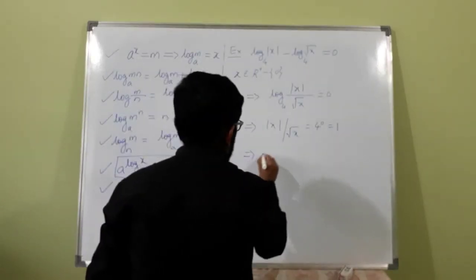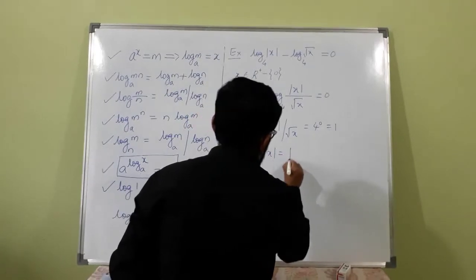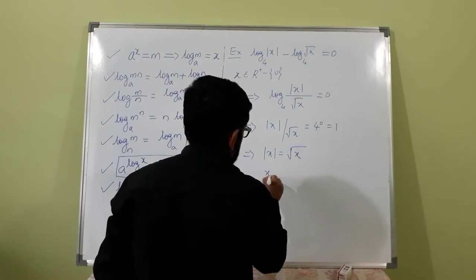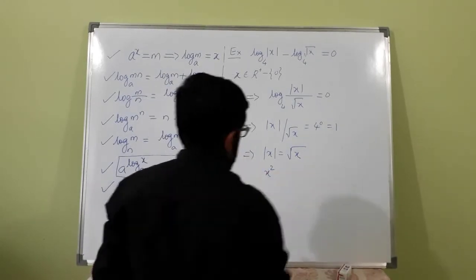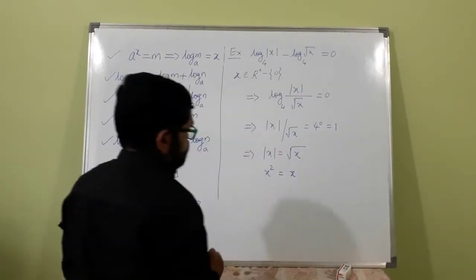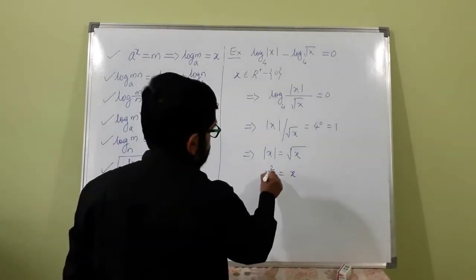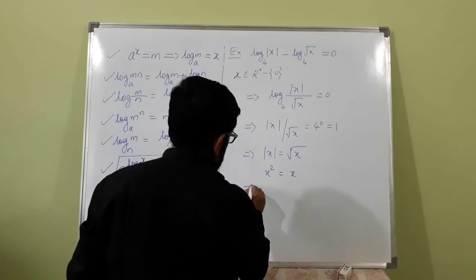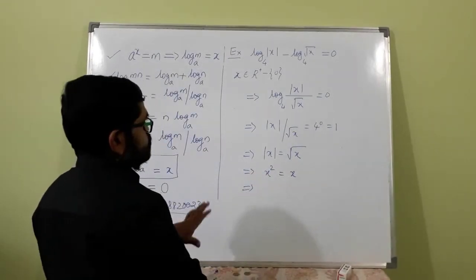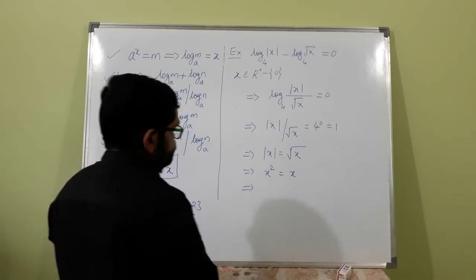So this implies modulus of x is equal to root x. Therefore modulus of x is x. If you take square, let us square on both sides. X square is equal to x. Don't cancel here x and x, okay. You can cancel, then you will get x is equal to 1.